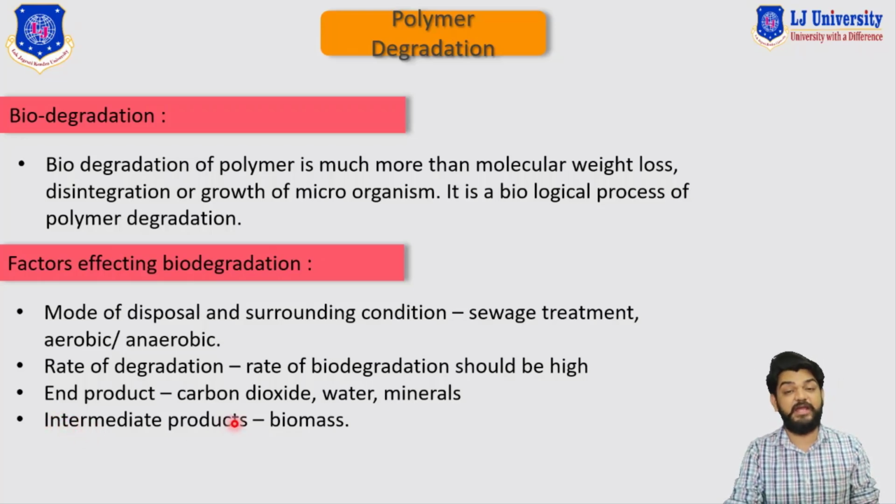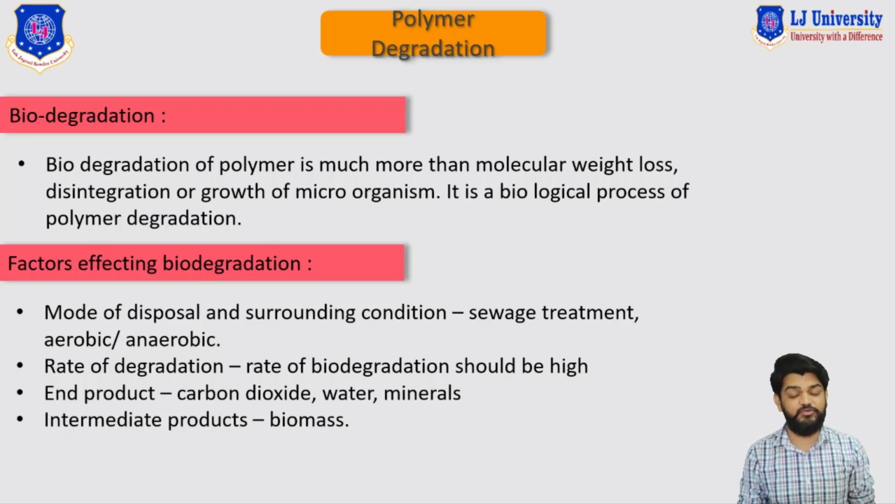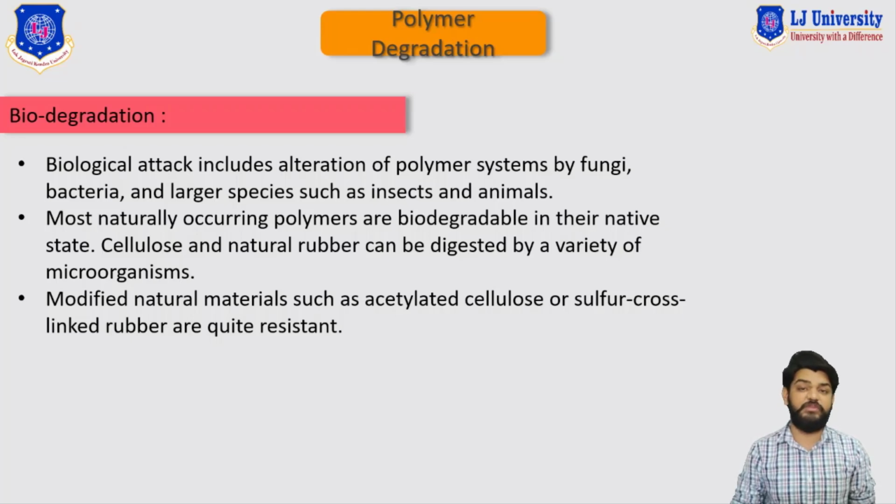There are different end products such as carbon dioxide, oxygen, even water molecules that are generated when your polymer biodegrades. Or there is even the possibility that the polymer disintegrates or degrades into biomass, which can also be useful in further applications. So these are the different factors that affect the biodegradation of the polymer.